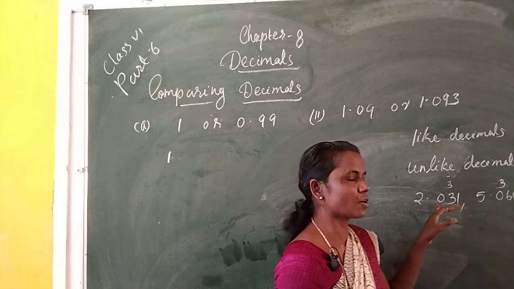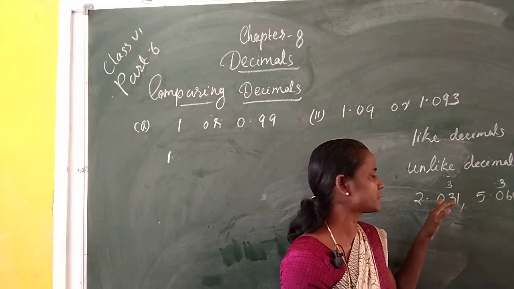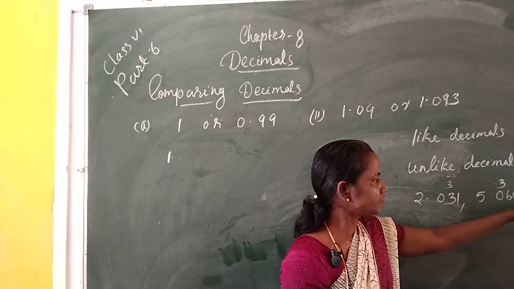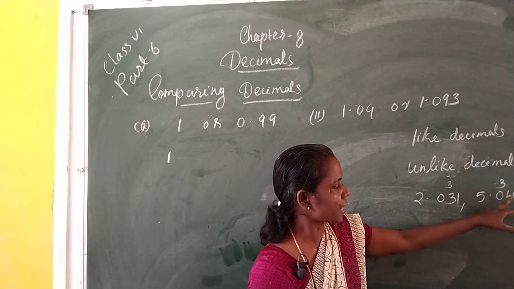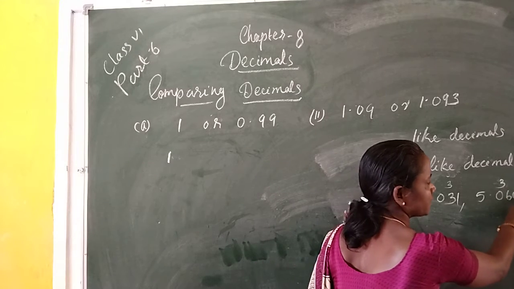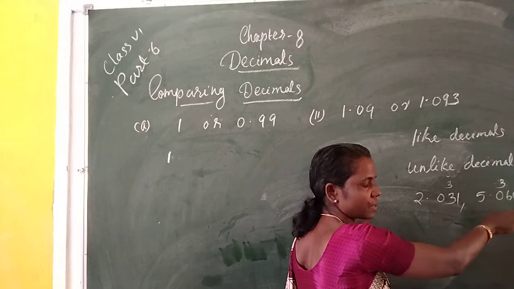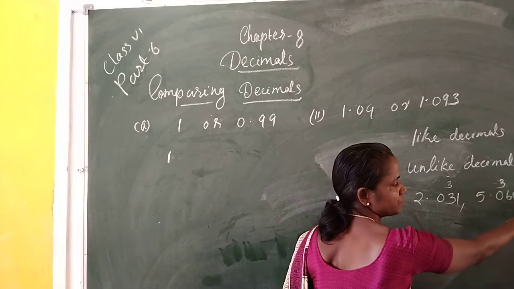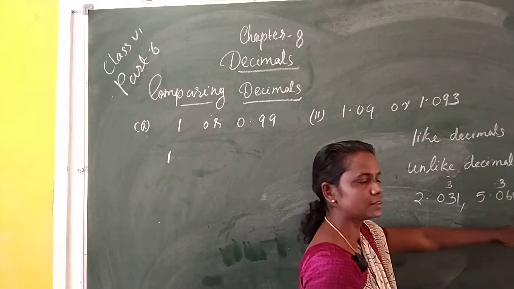Now 3 digits, so 3 decimal places. When we put 0 at the right side of a decimal number, its value does not change. Its value is the same.